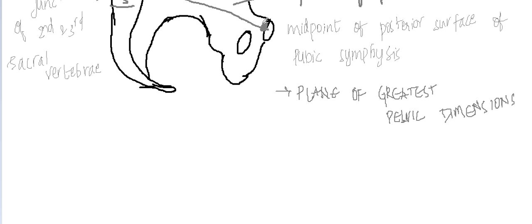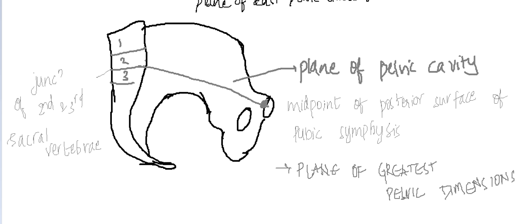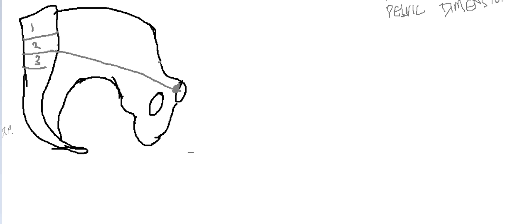What is called as axis? So just a minute, I'll just draw this diagram. What is called as axis of pelvic cavity? If you see, this is the plane of the greatest dimensions, right? So the axis is a perpendicular line which is drawn to the plane of the pelvic cavity.